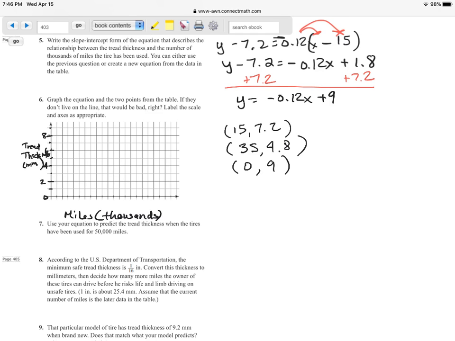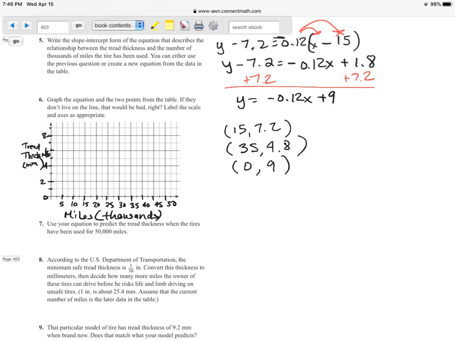I would really like to see how long it takes for the tires to be bald, but I don't know that that's really going to be part of our scenario here. So I'd like to at least get the 35 input on here. So I think we can do 5, 10, 15, 20, 25, 30, 35, 40, 45, and then 50.